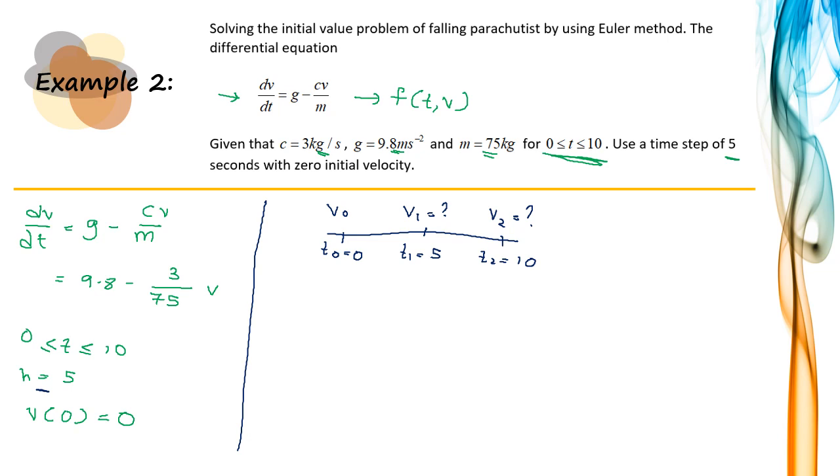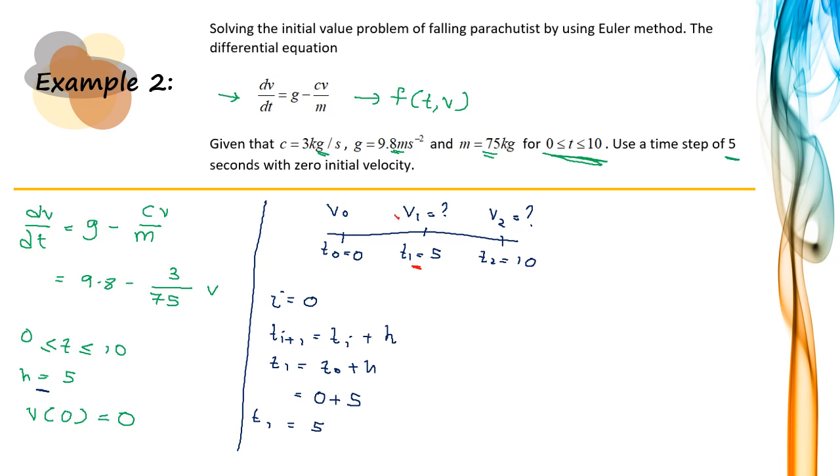When i is equal to 0, t(i+1) is equal to ti plus h. That means t1 is equal to t0 plus h, with t0 equal to 0 and h equal to 5, so t1 is equal to 5.